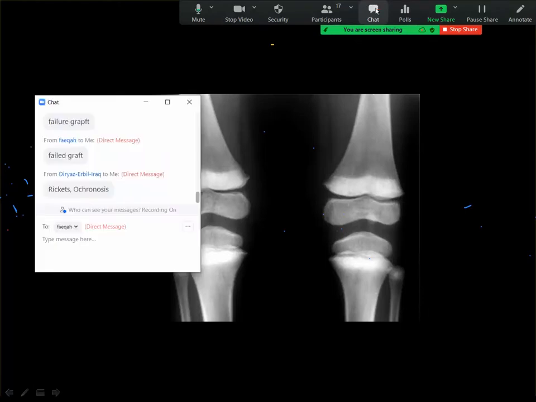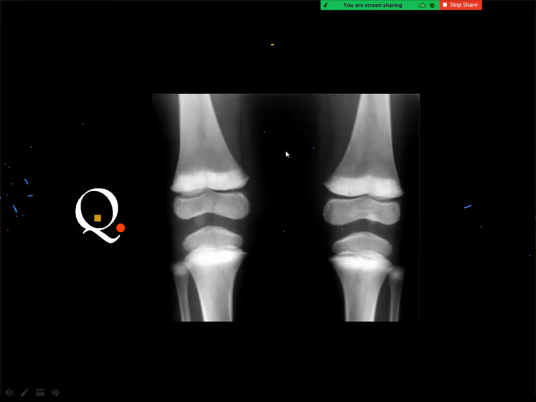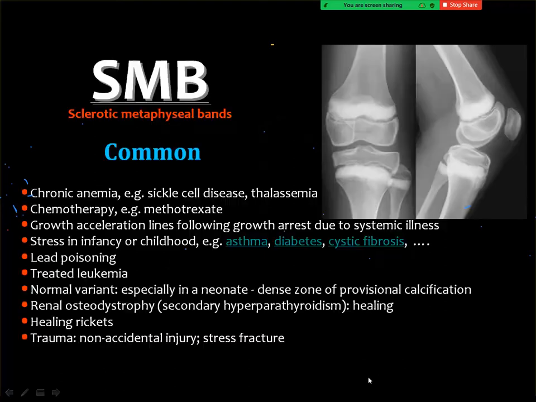Yeah, rickets, ochronosis, healed rickets. Okay, and actually, you know that this case was proved to be sclerotic metaphyseal band secondary to lead poisoning.